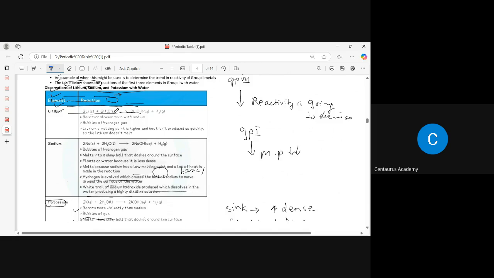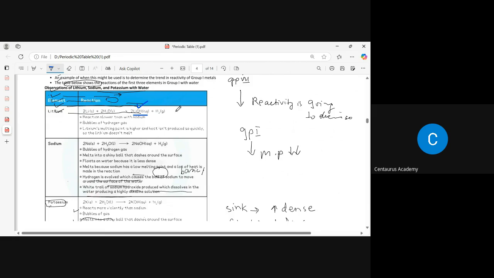So lithium reacts with water. Pure water is completely liquid. Anything pure liquid is going to have liquid as its state symbol. But if anything is dissolved in water, then the state symbol is going to change to aqueous. So lithium hydroxide, which is produced as a result, is now diluted with water. So the aqueous lithium hydroxide will be written as aq as a state symbol, and hydrogen gas is involved.